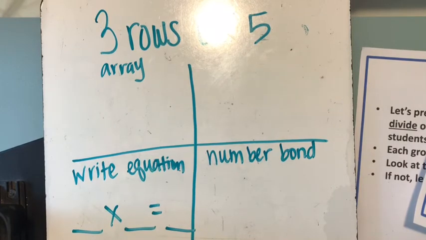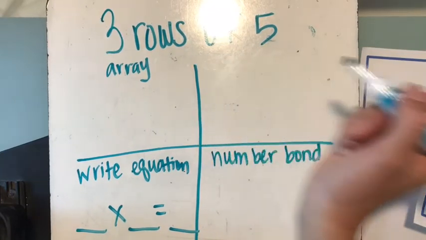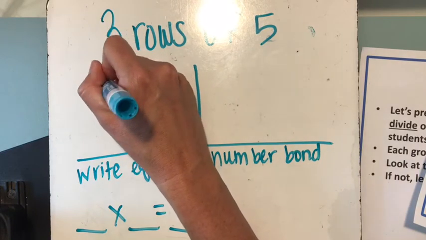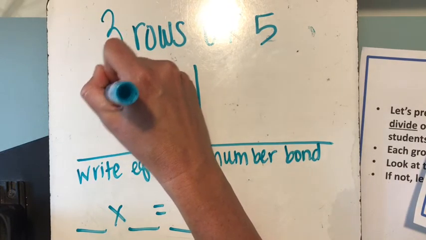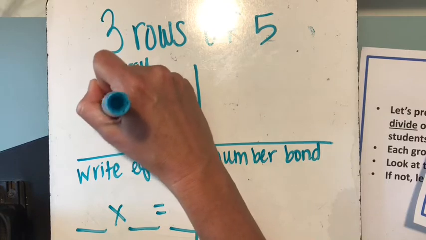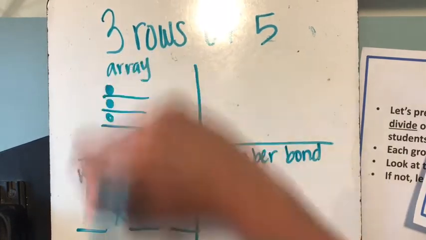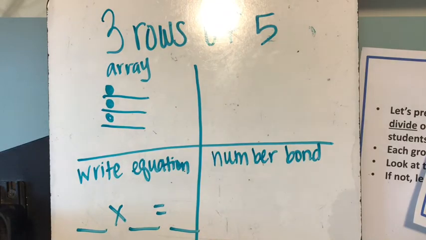Okay, let's see if we got it correct. Here's our array. So if I'm doing 3 rows of 5, this is the easiest way I like to do it. If you have another way to do it, that's okay too. I like to put 3 dots first so I know that I have 1, 2, 3 rows, right? Now I'm going to fill it in.